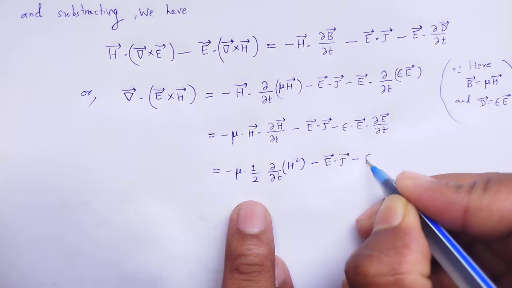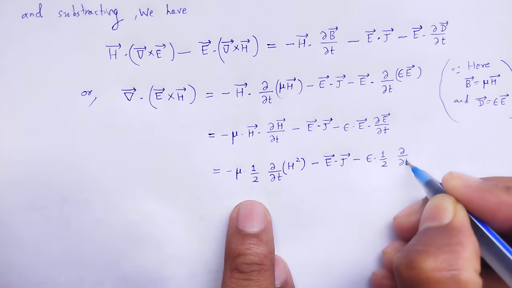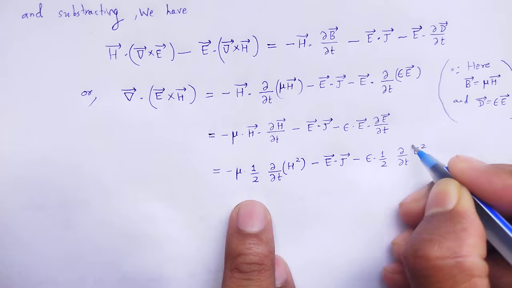Similarly here, epsilon half del by del T of E square.